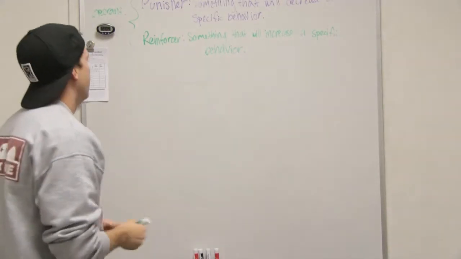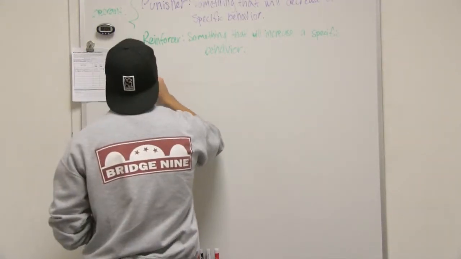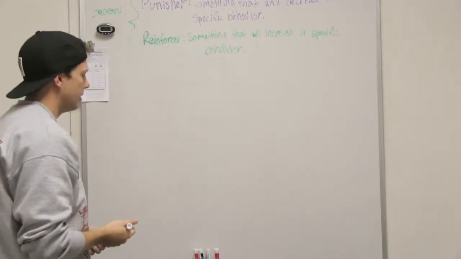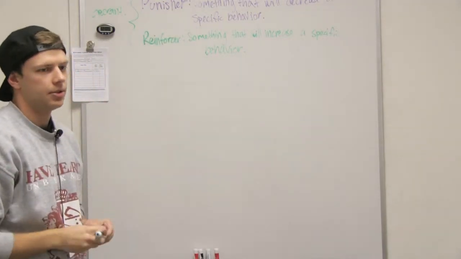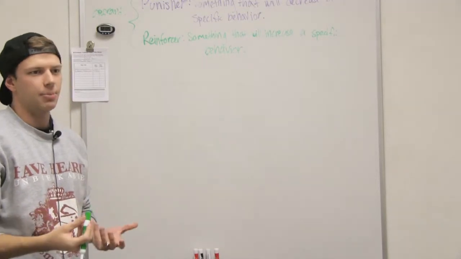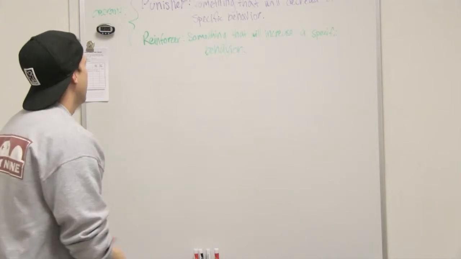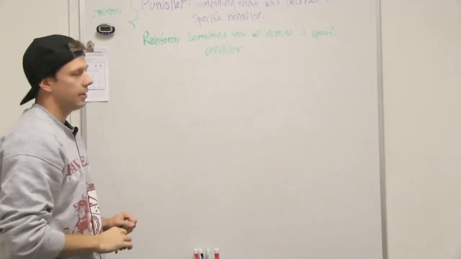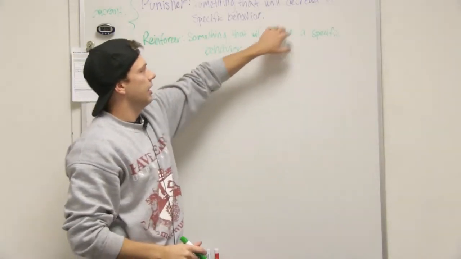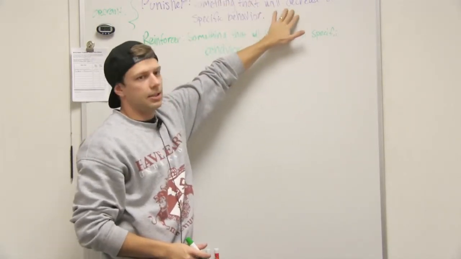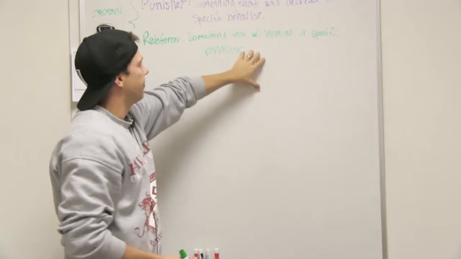And so now we'll go over positive punishment. The way that I like to think about this is, when you think of positive, you think of something good, right? And when you think of negative, you think of something bad. But in our definitions right here, we already have good and bad. A punisher is something bad, it's going to decrease the behavior. A reinforcer is something good.